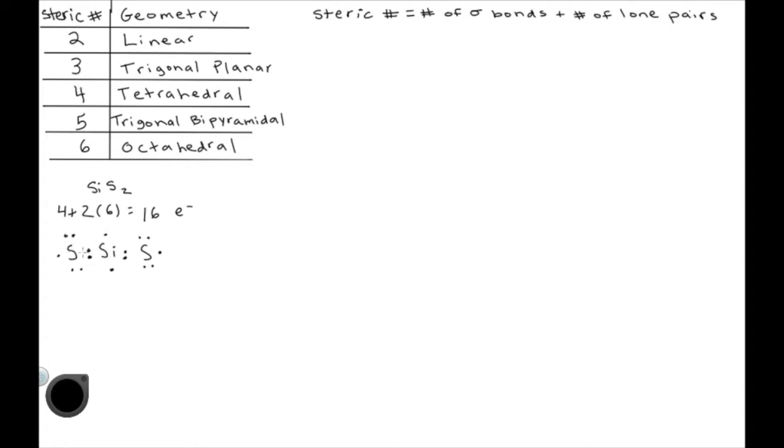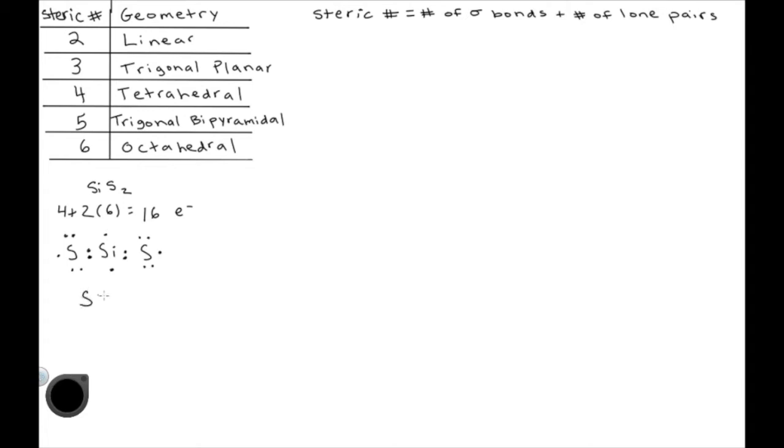So we take this electron over here on this sulfur and join it to this unpaired electron on silicon, and then we take this unpaired electron on sulfur, and then we join it to this unpaired electron on silicon. So now our Lewis structure will look something like this.